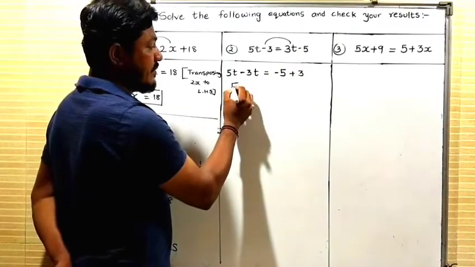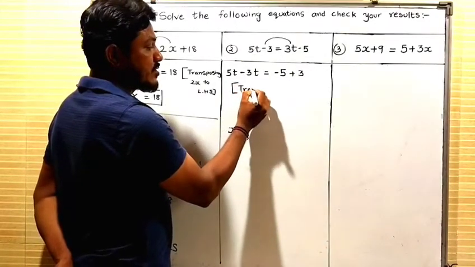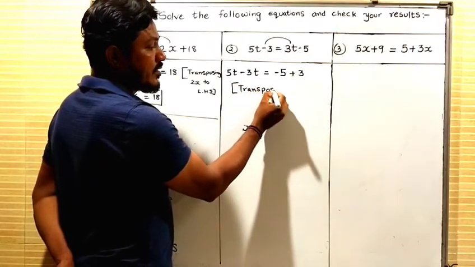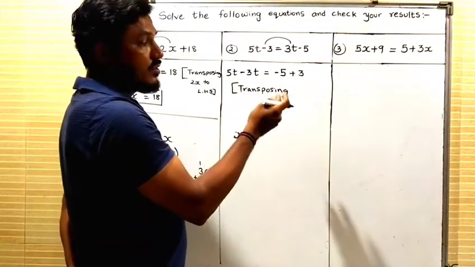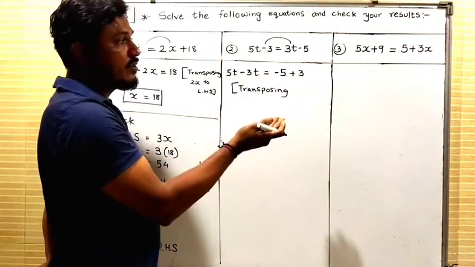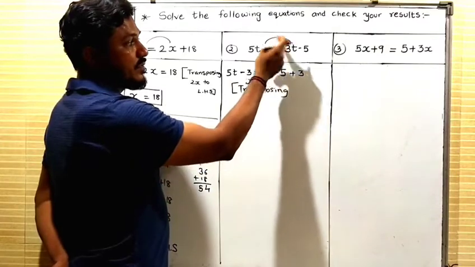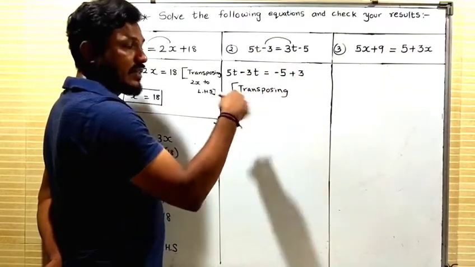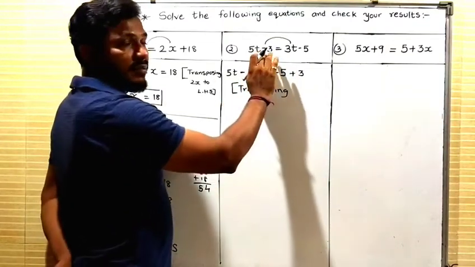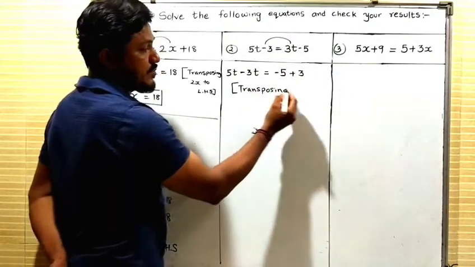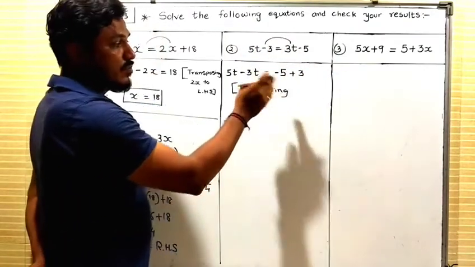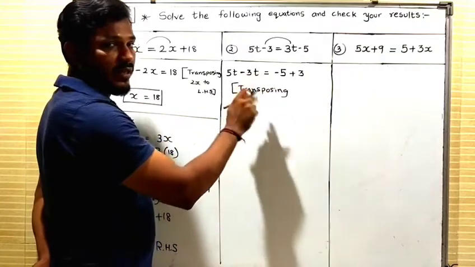So I will write the statement over here. Transposing. Yes student, you can do such transposing separately also. In the first step you bring 3t to your left, then in the second step you bring negative 3 to your right. Here I have done both transpositions in one step.